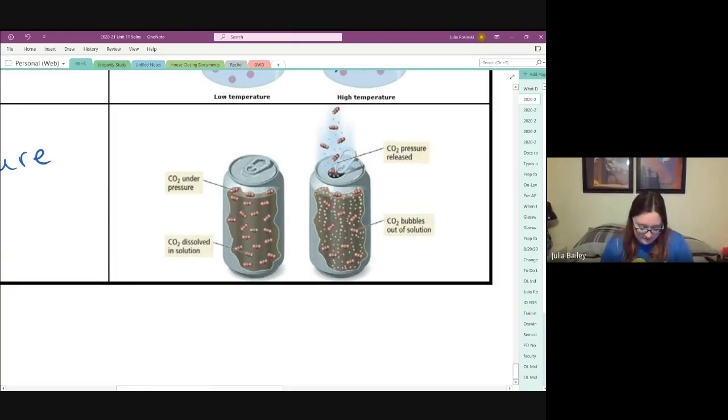That's the reason why when you open a soda, it makes that sound, because you have released the pressure and now all the gas can escape. And that's why, if you're drinking from a bottle, when you unscrew the lid, the first several times you open the bottle, it'll make some version of that noise. But every time you unscrew it, it makes the noise less and less until at a certain point, the pressure has been released so much that a whole bunch of the gas has escaped and now your soda's flat.